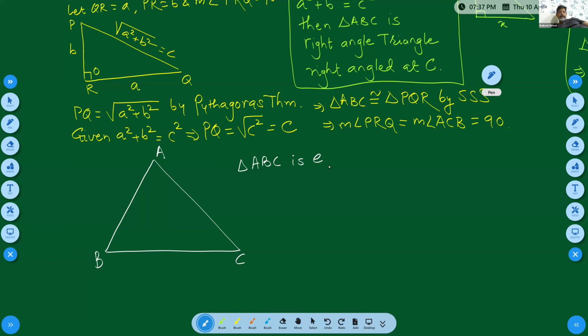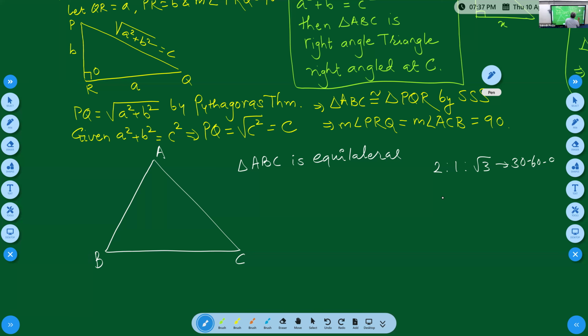Question here. If special triangle dimensions are given, can we prove it the other way around, that looking at the dimensions, it is a special right angle triangle? Yes, if A square plus B square is equal to C square, then it is a right angle triangle. And if the sides are in the proportion 1:2:√3, then it is 30, 60, 90.